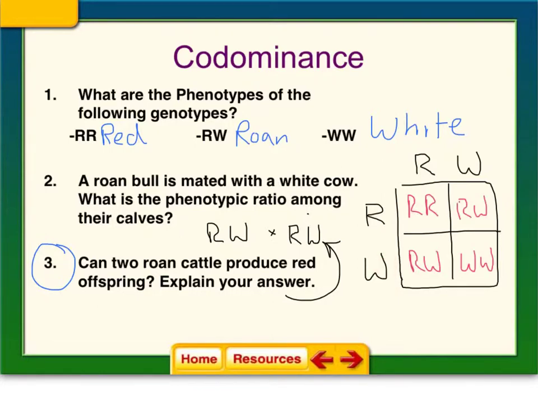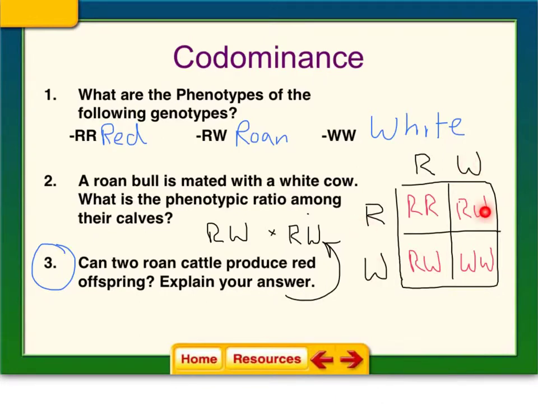Okay, so we crossed our 2 codominant roans. Here we get our dominant for red and dominant for red here. That creates 1 red cow. We have our dominant for red, dominant for white here, which creates a roan cow. Same with this here, which was a roan cow.